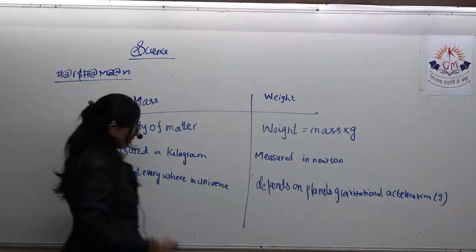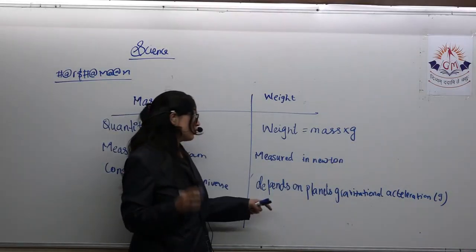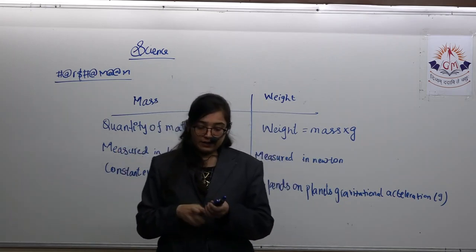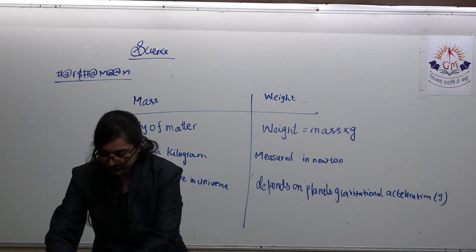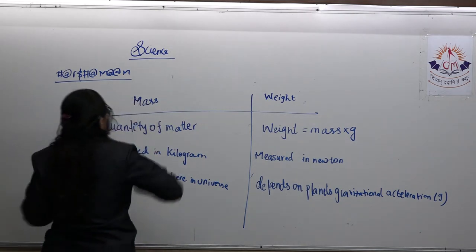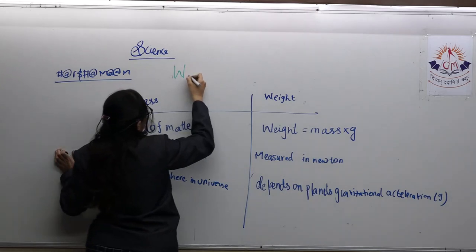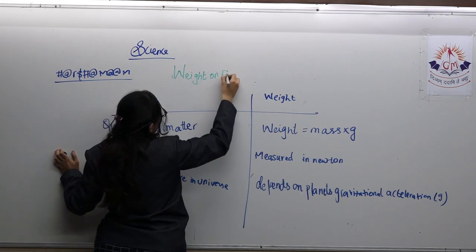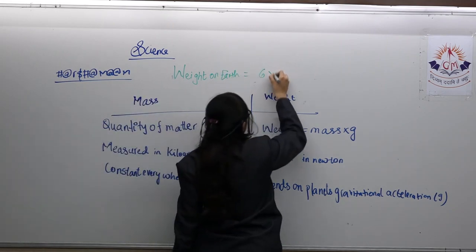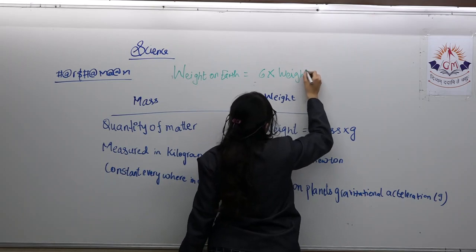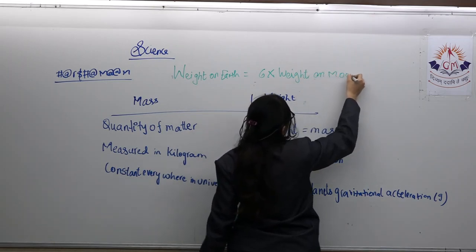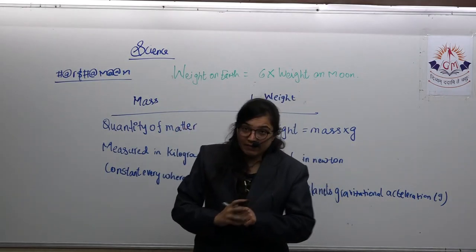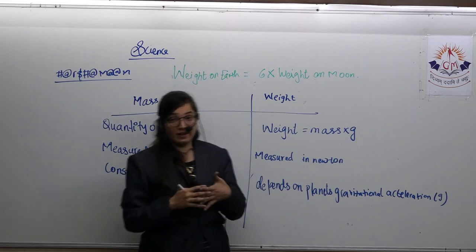The gravitational acceleration of any planet decides the weight. You might not know this, and it is one of the key points: the weight of any object on earth is 6 times its weight on the moon, because the gravitational acceleration on the moon is 1/6, that is, 6 times less there and 6 times more here.